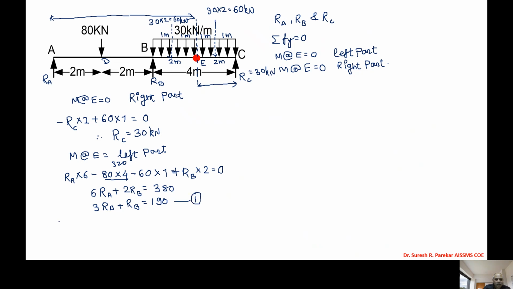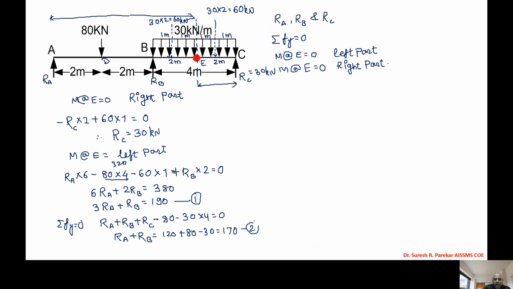Now we will take summation Fy = 0 and we will have RA plus RB plus RC minus all loads, 80 minus 30 into 4, equal to 0, and we will get RA plus RB equal to 120 plus 80 minus 30, which will be equal to 170.